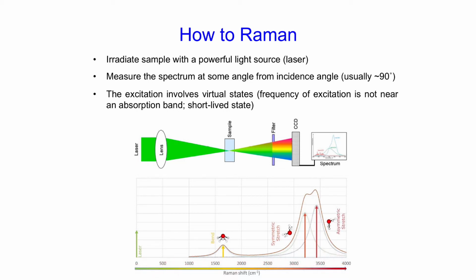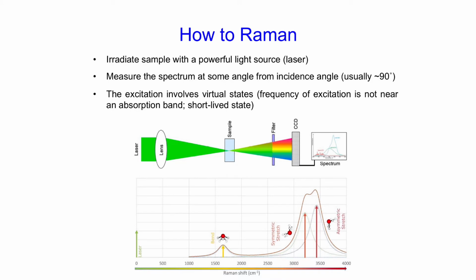Okay, so notice that instead of just signaling the wave numbers, like you have in an IR spectrum, which represents the absolute energy of that transition, what you're plotting in a Raman spectrum is the shift, the Raman shift in wave numbers.